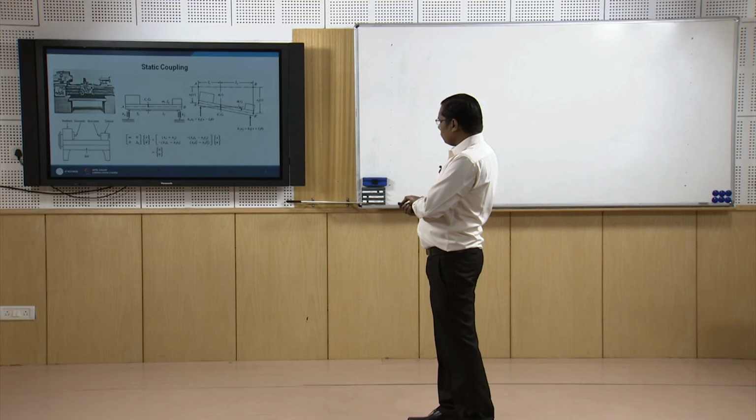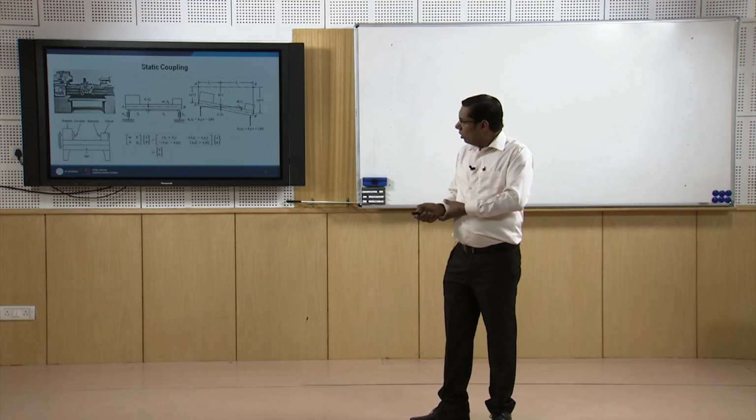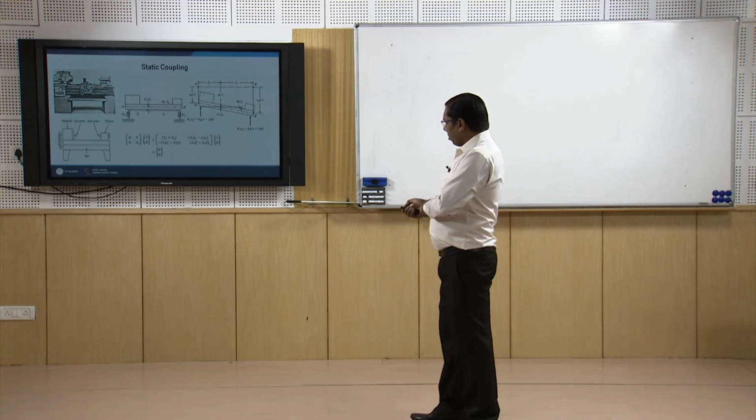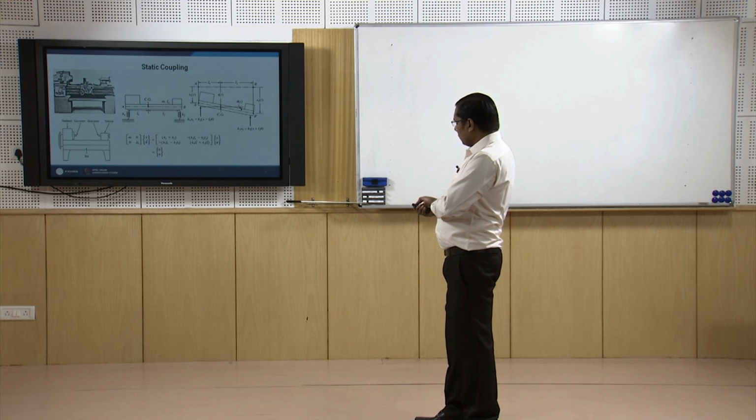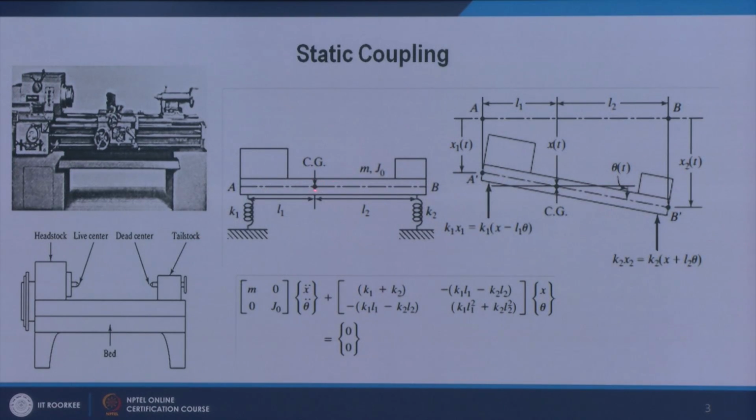So we can assume a model of this system, and here there is the elastic stiffness of these columns. There is this bed, and we have the center of mass or center of gravity of this system here.